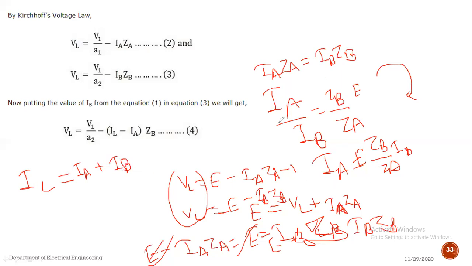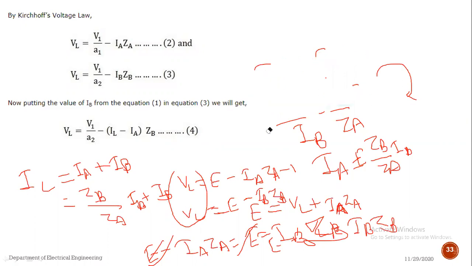If we put the value of IA here, see what comes: IL equals ZB divided by ZA into IB plus IB. Now if we take IB common, IB comes out common from both terms.